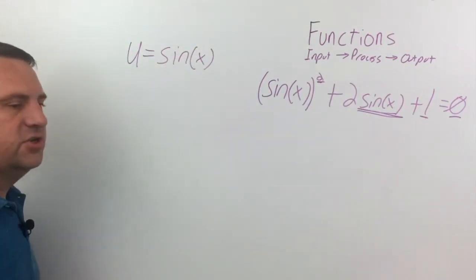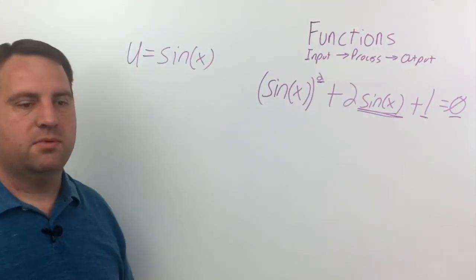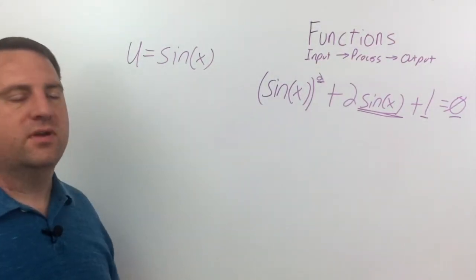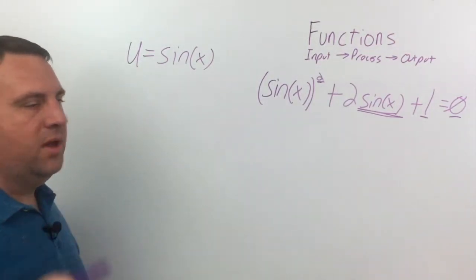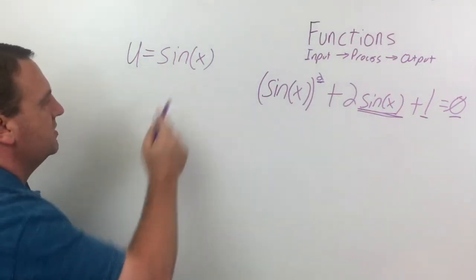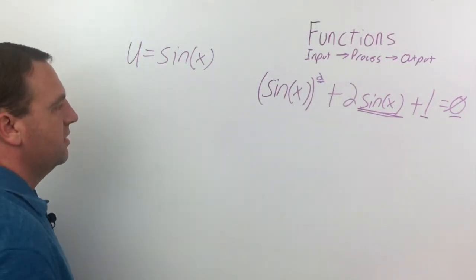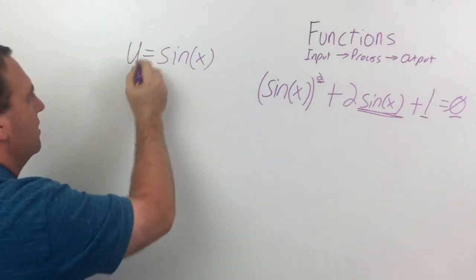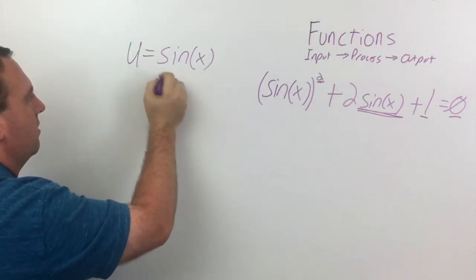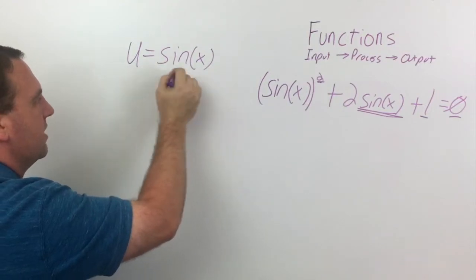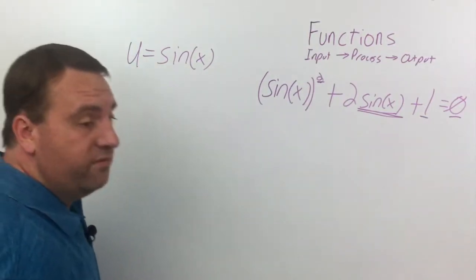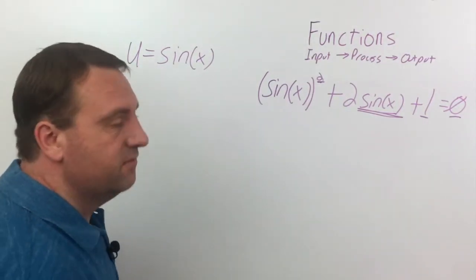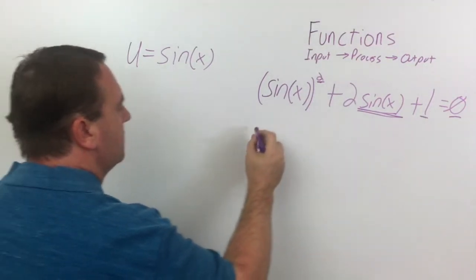We don't have to justify things that we make up. We made up u. We can do it for any reason we want. But the nice thing is, if u is equal to the function sine x, then we can replace sine x, because anything that's on opposite sides of the equal sign, since they're equal, they're equivalent, and I can replace them for each other.